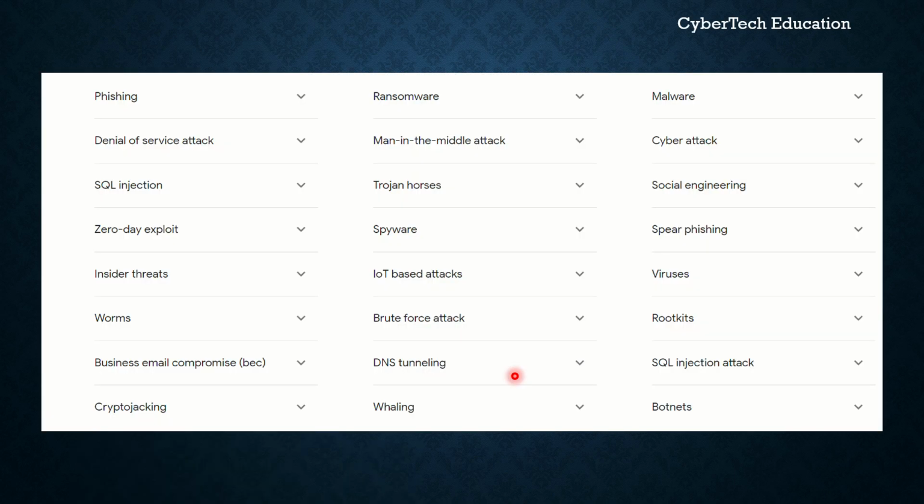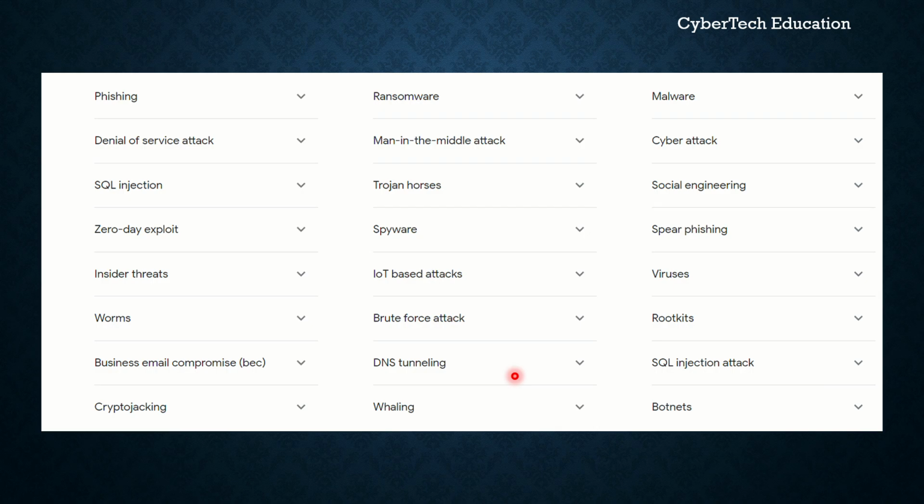These are the different kinds of cybersecurity attacks which have been formulated all over the world. First is phishing, which is a very common attack. Then we have ransomware, malware, DDoS, the denial of service attack, man in the middle attack, SQL injection, Trojan horses, and social engineering attack.